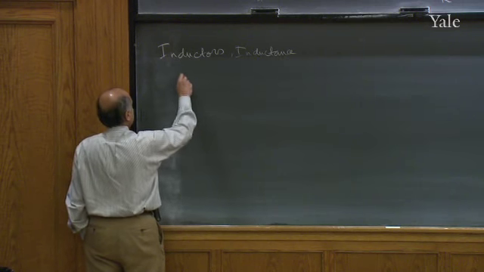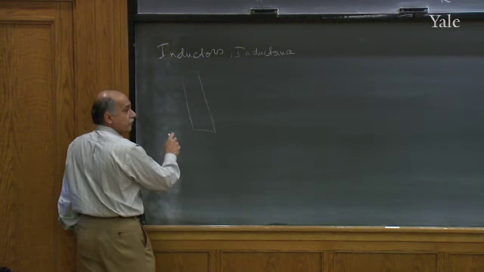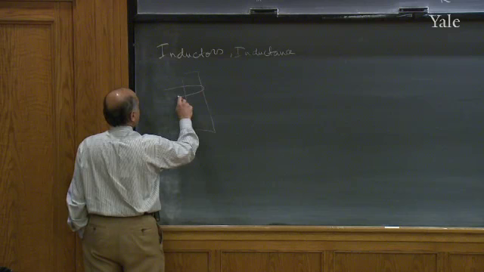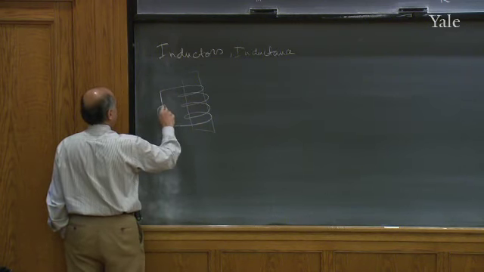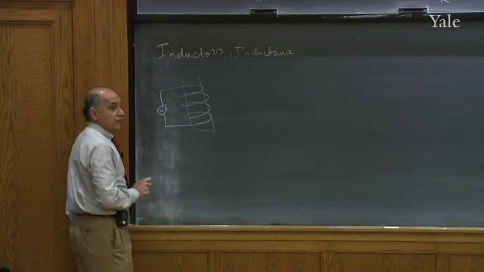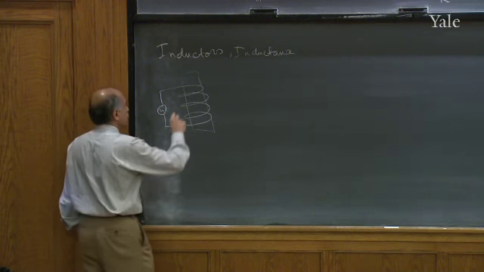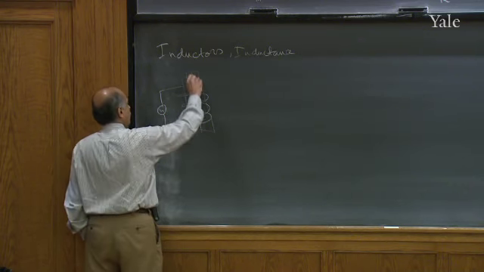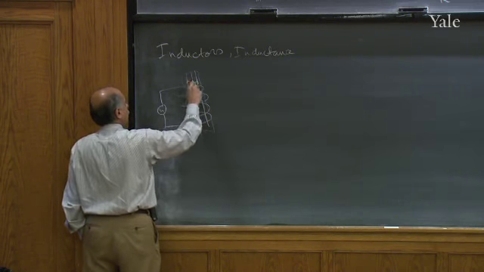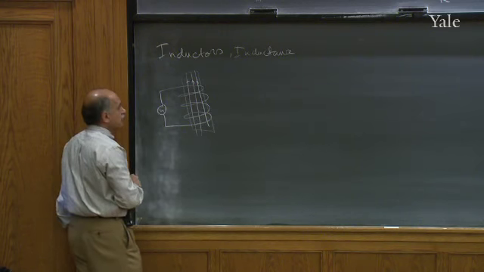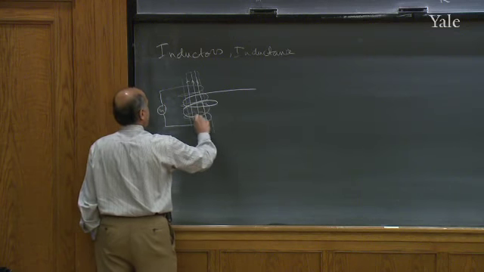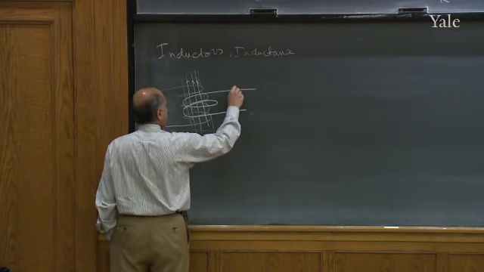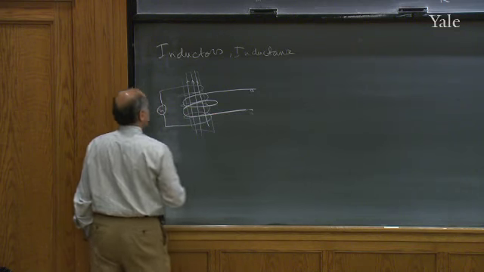I take some cardboard tube, and around the cardboard tube, I wrap some wire, and I connect this to some alternating voltage. That means there's going to be some magnetic flux going through that coil. Then I bring a second wire. Maybe I wrap it around a couple of times or a few times, and I leave it here. That's it.